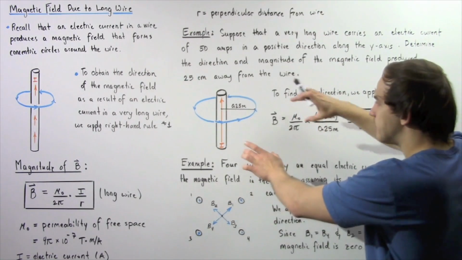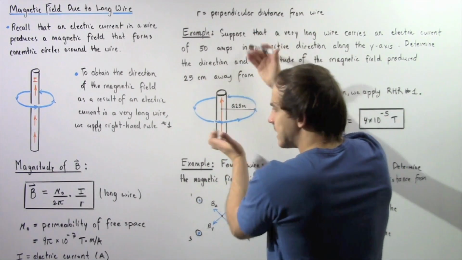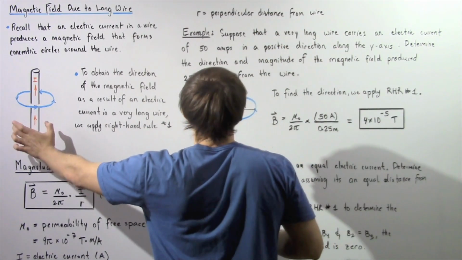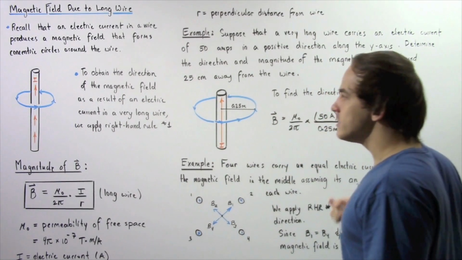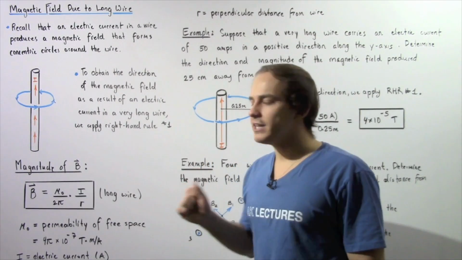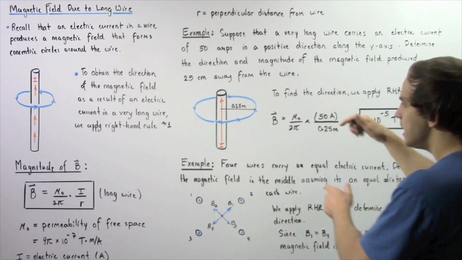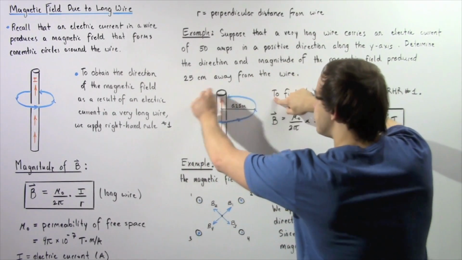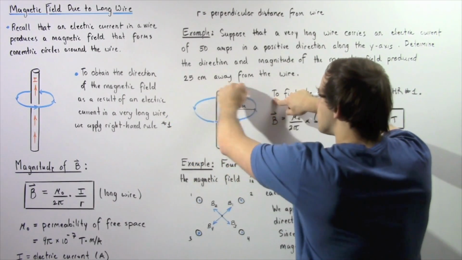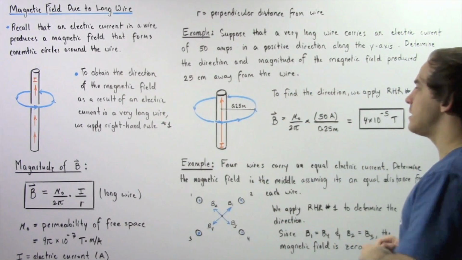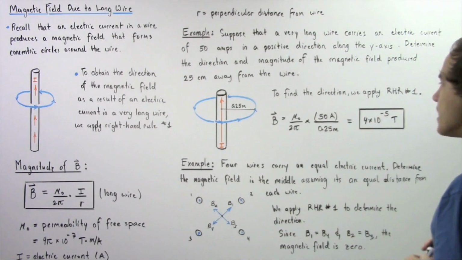So once again we have the following diagram, which is essentially the same diagram as this diagram. So to find our direction, we once again apply right-hand rule number 1, and we see that the direction of our magnetic field forms a concentric circle that points in the counterclockwise direction around our electric wire.